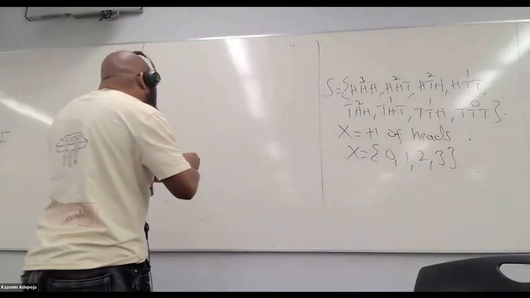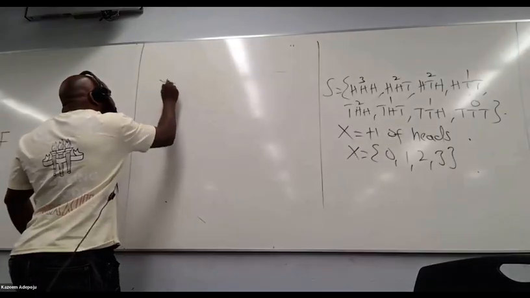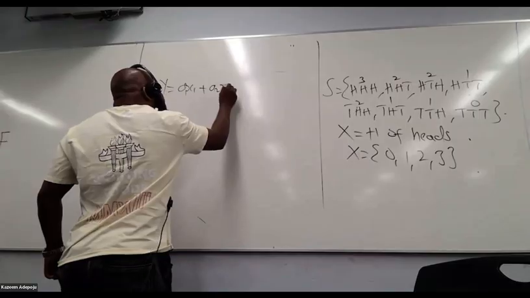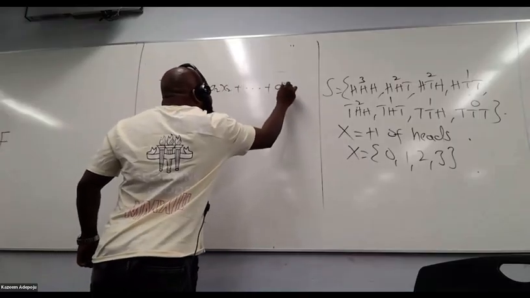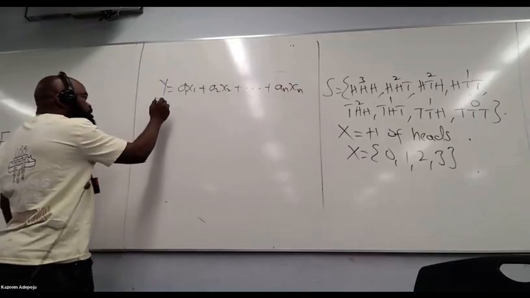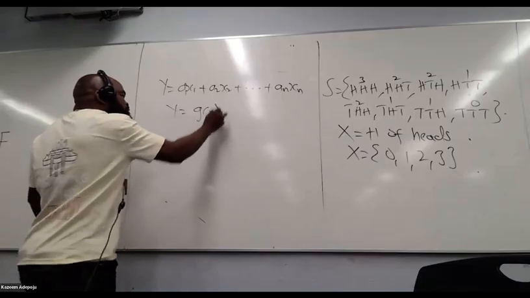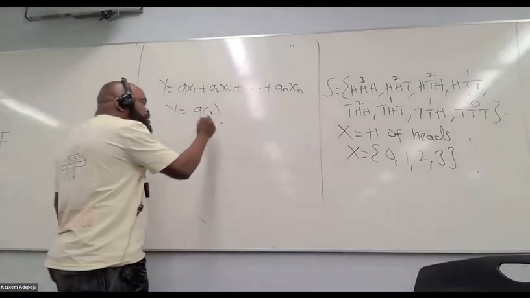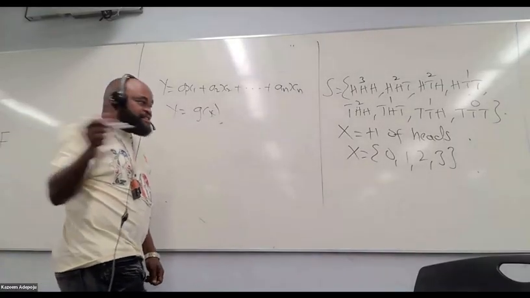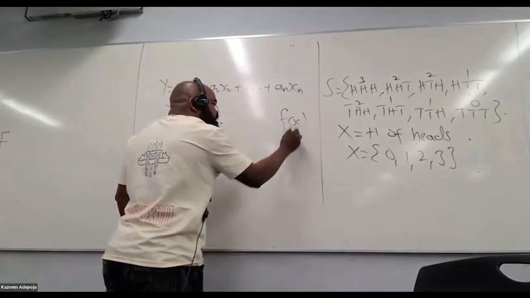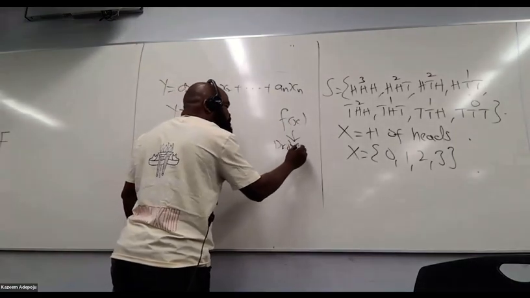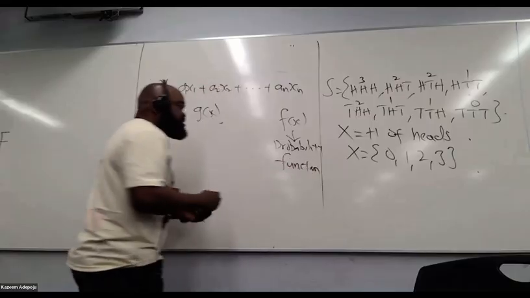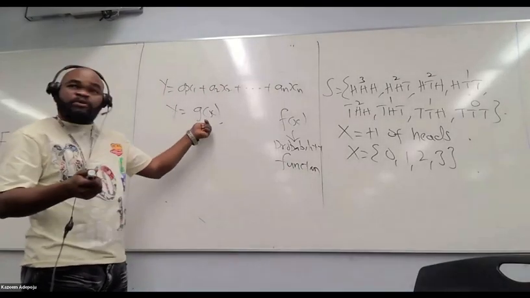If Y equals a1X1 plus a2X2 until you get to anXn, Y is the same thing as g of X. Now, if a probability function f of x exists, this g of X is not a probability function.